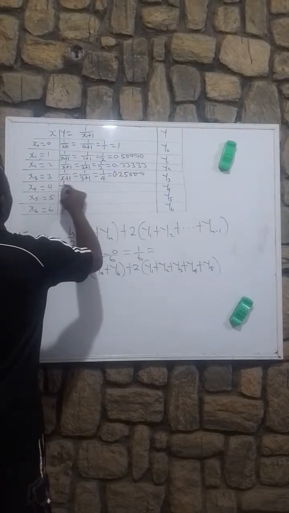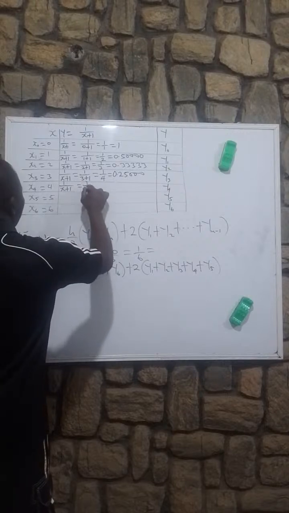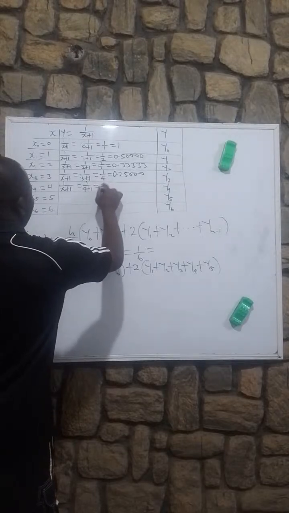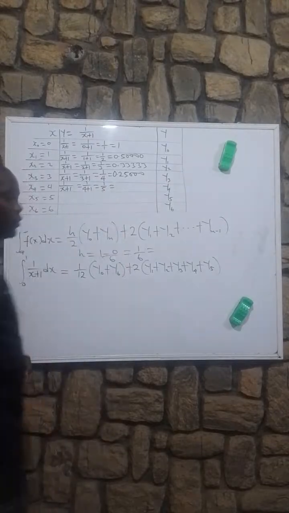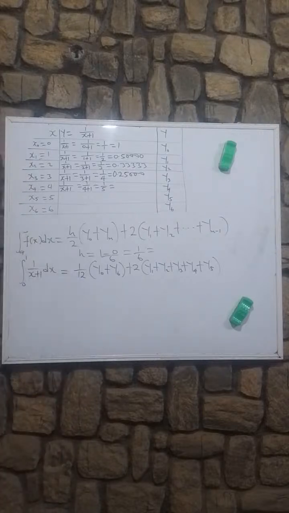1 all over x plus 1 equals 1 all over 4 plus 1, which equals 1 all over 5, right? What is 1 all over 5?